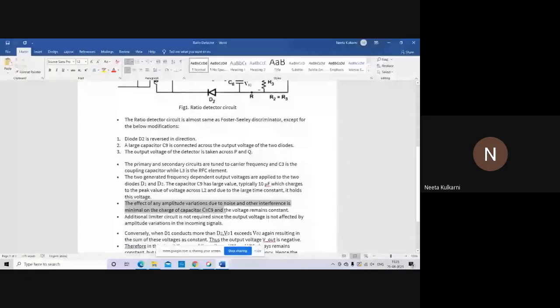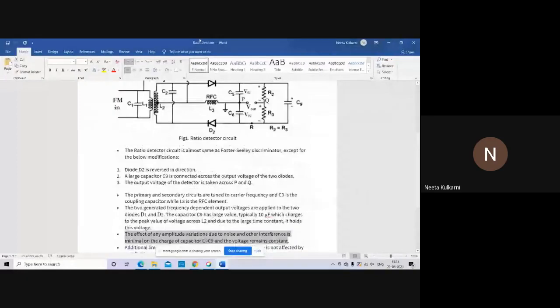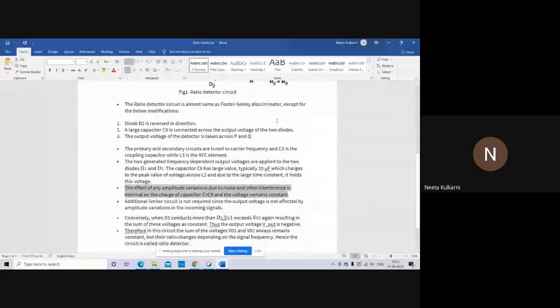C9 ची व्हॅल्यू ह्या सगळ्या व्होल्टेजच्या कंपॅरिझन मध्ये खूप जास्त असल्यामुळे C9 च्या अक्रॉसचं व्होल्टेज कॉन्स्टंट राहतं. Additional limiter circuit is not required since the output voltage is not affected by the amplitude variations in the incoming signal. So because of that, the additional limiter circuit is not required.